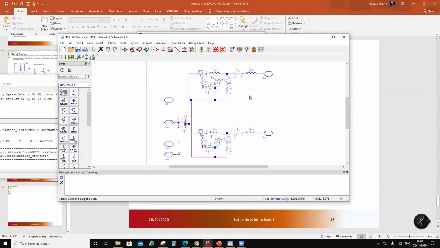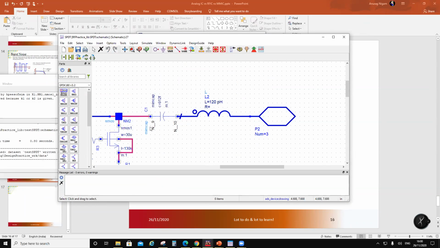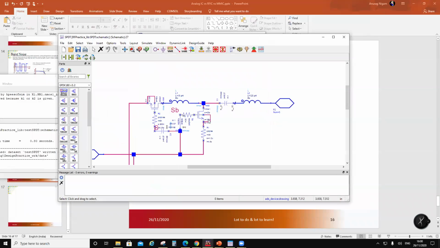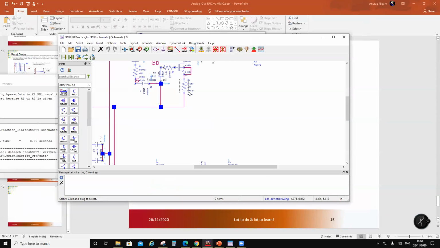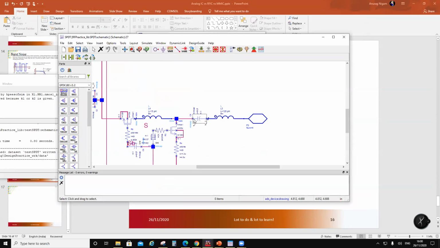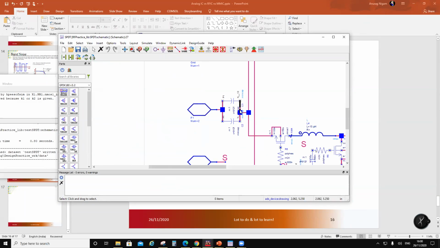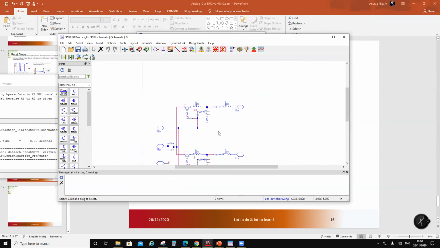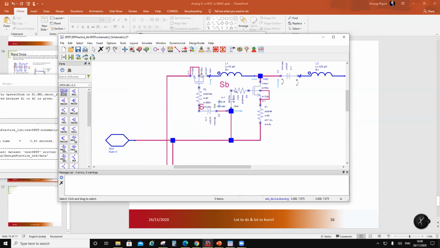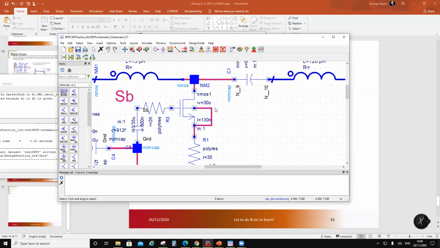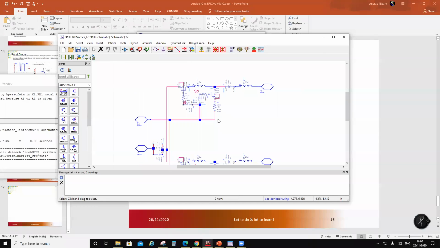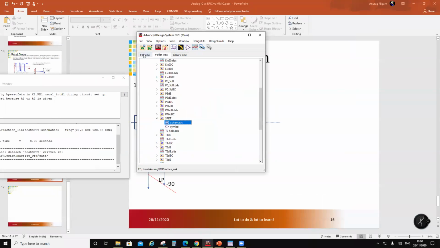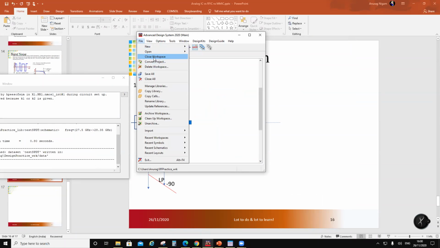Don't worry about this. 120 picohenry. So I'm using 15 picohenry here. I'm using 120, 15, 2 capacitors here, 1 big capacitor here, 50 micron here, 30 micron here. Okay, understood. So let me go back.